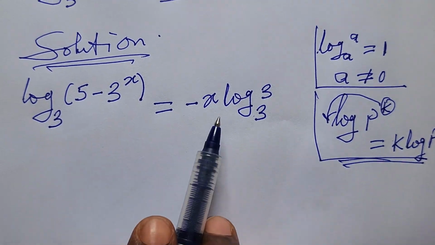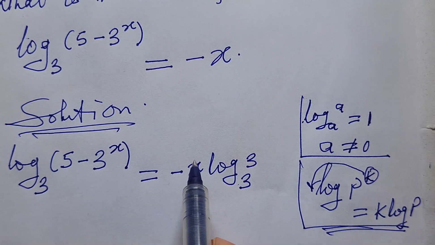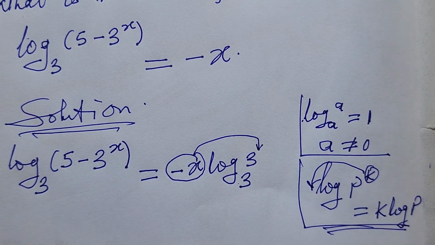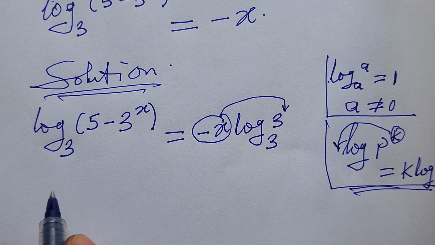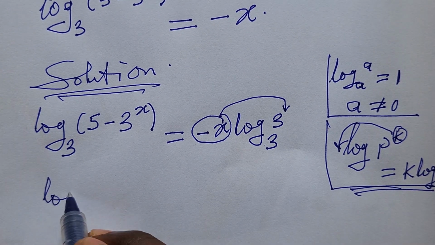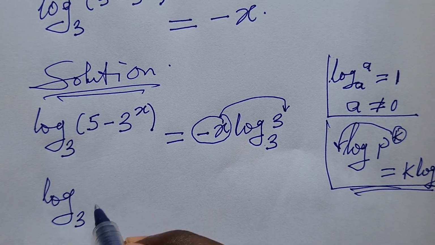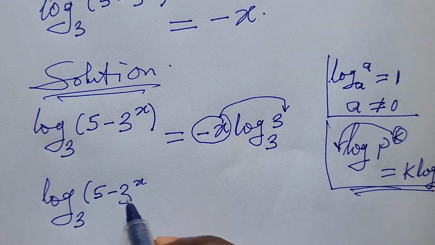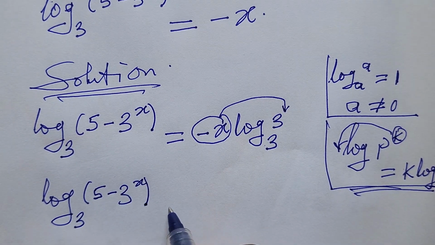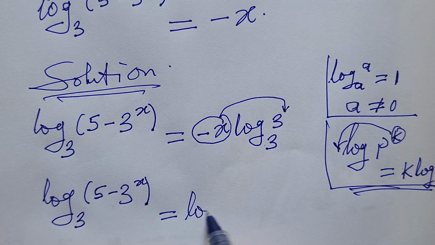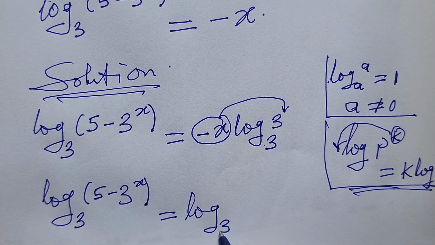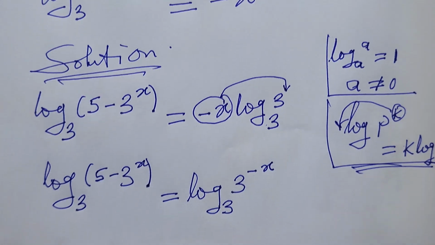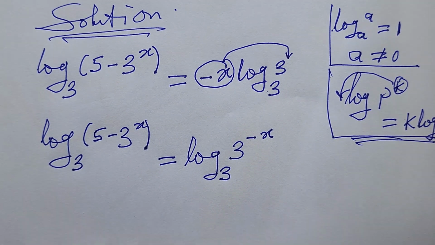So we can move the whole of this to this part here. So this is going to give us log base 3 of the bracket 5 - 3^x, close bracket. This is equal to log base 3 of 3 to the power of -x. I believe there's no confusion here.